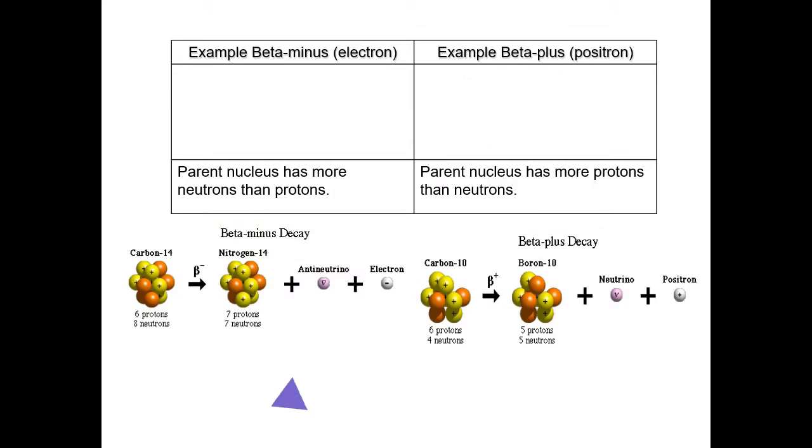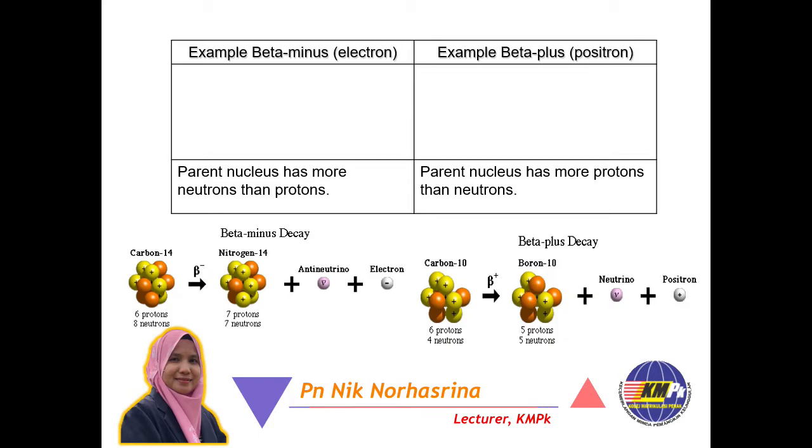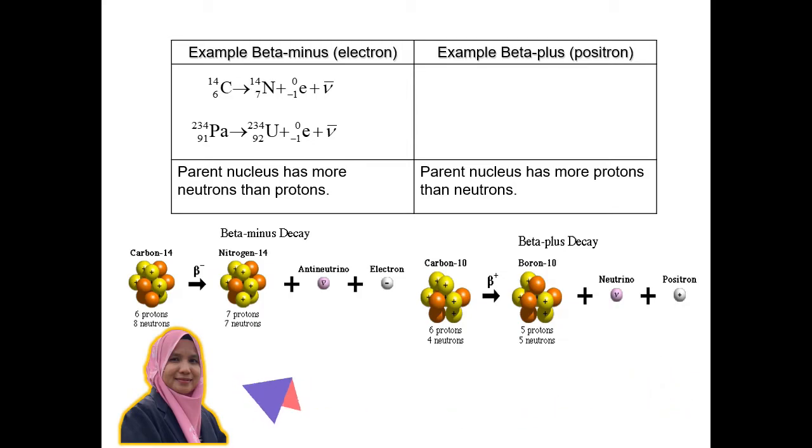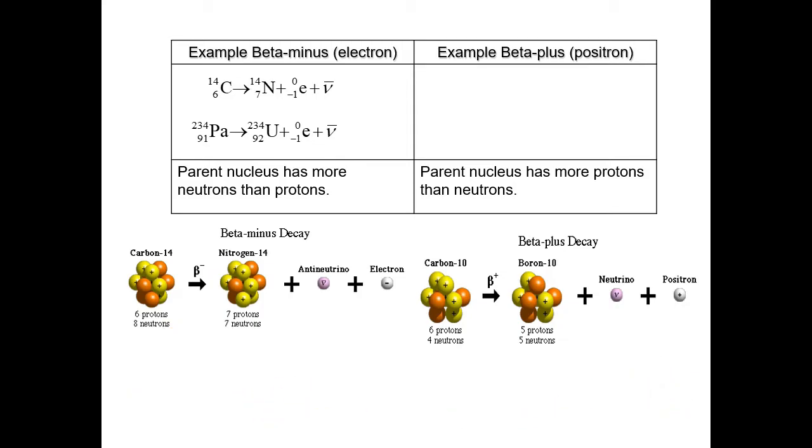This is an example of beta minus and beta plus. So you can see the carbon will produce nitrogen plus an electron and antineutrino. This means that all the beta minus will produce antineutrino, and for beta plus it will produce neutrino.